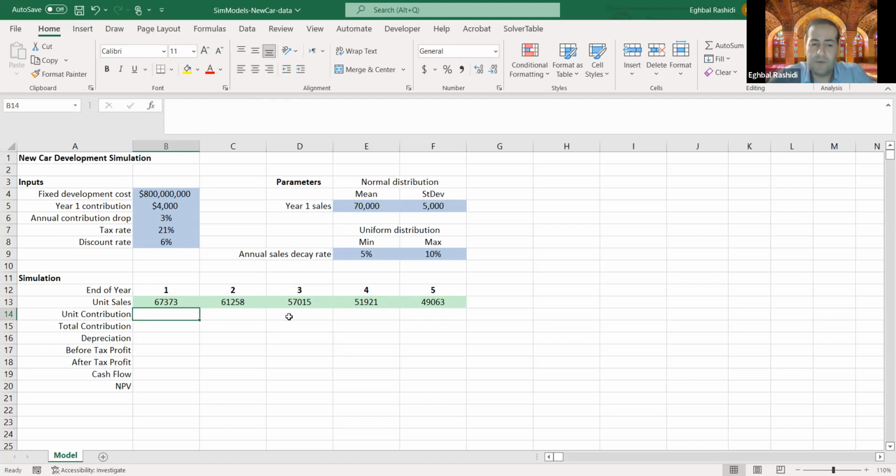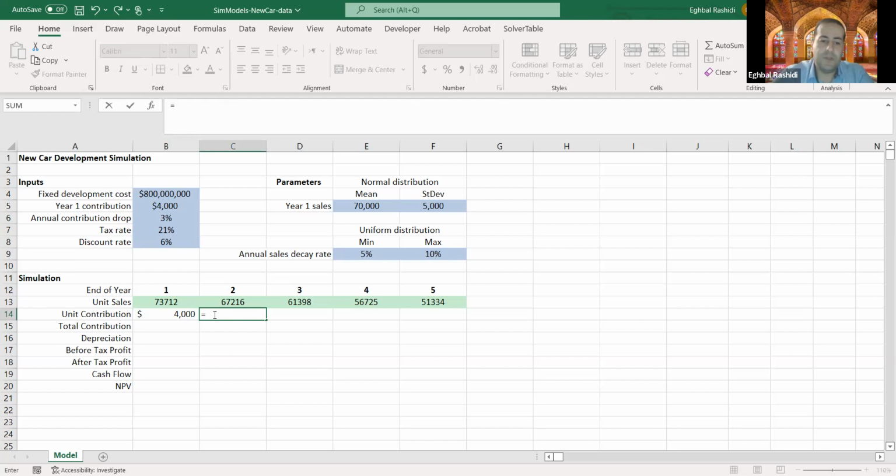We need to also compute the unit contribution. So the unit contribution for the first year, we know that it's $4,000. And after that, it's going to drop by 3%. So this is going to be 4,000 multiplied by 1 minus the annual drop, contribution drop.